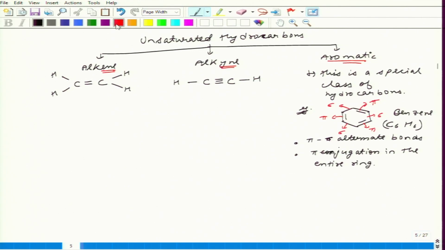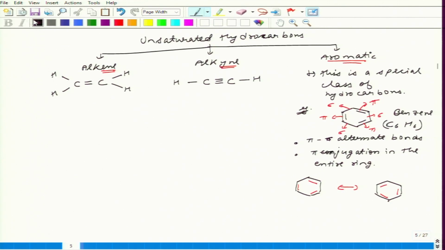That means it can also be drawn like this, where the double bonds are present in these positions, where there were sigma bonds. Here was a pi bond, now let us take a sigma bond, pi bond, sigma bond, pi bond.